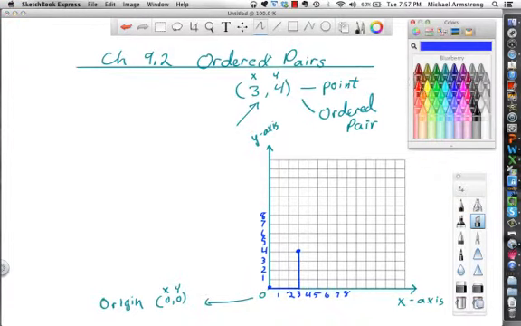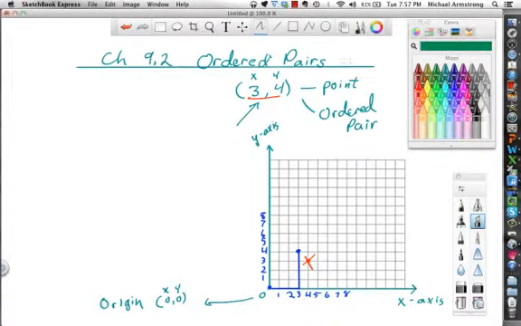Now if I got confused about the order and I put the y first and the x second, or if I went up 3 and over 4, I would get this point. And these points are not the same. This one is wrong. And it's only wrong because we decided that x goes first and y goes second. If we had gone the other way, it would be right. But whatever it is we all have to agree on the way to do it. And so the mathematicians and scientists got together and they figured out that our order has to be x first and y second. And it's alphabetical, and it kind of makes sense.